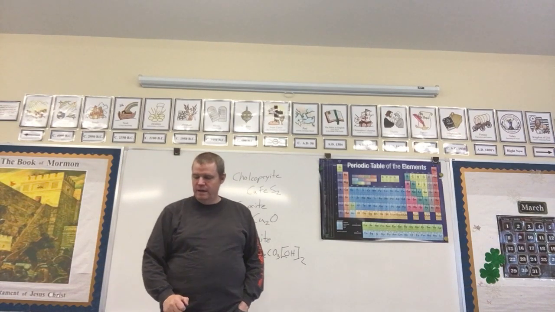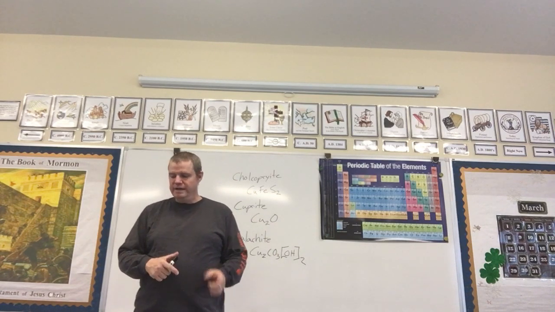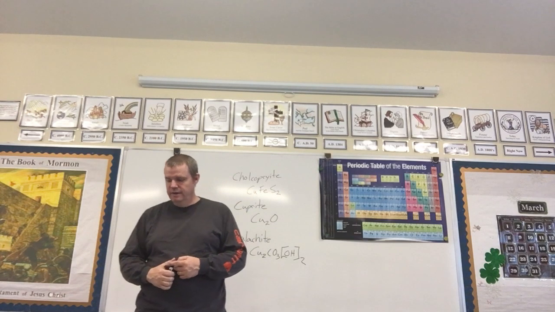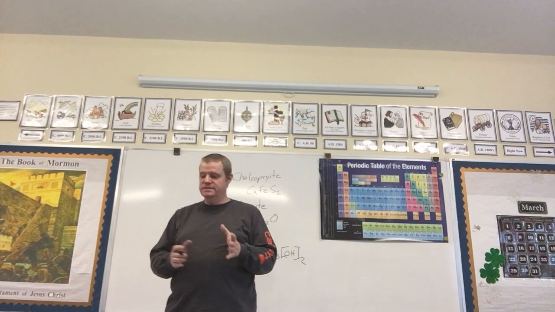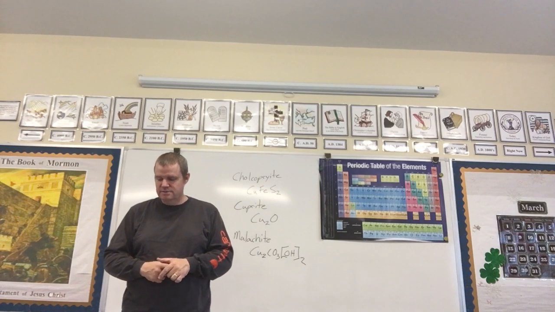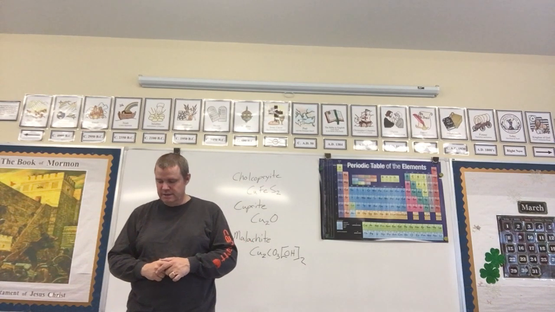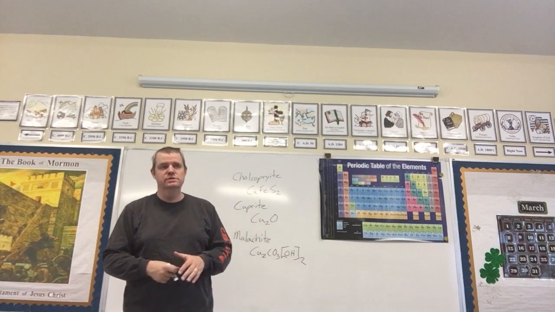Another alloy is bronze, and bronze is copper and tin, and most bronze has somewhere between 5 and 10% tin by mass, and it's also good for a lot of things. You've probably seen bronze statues.